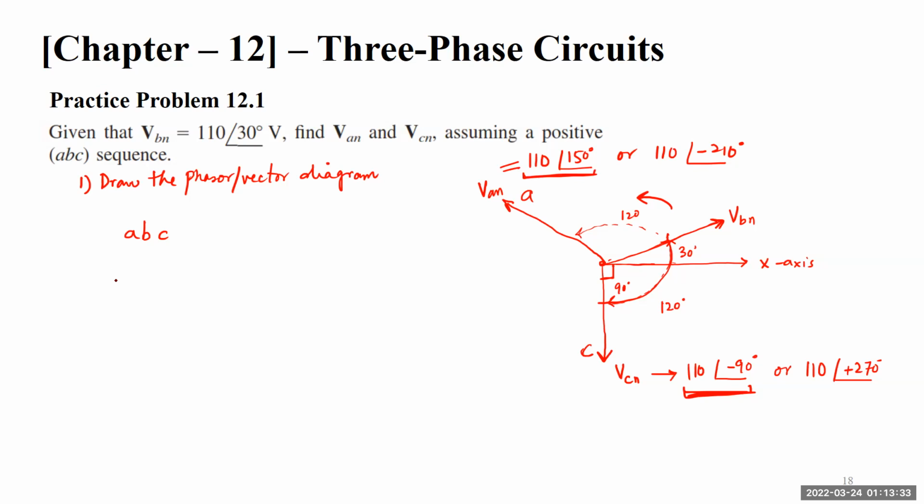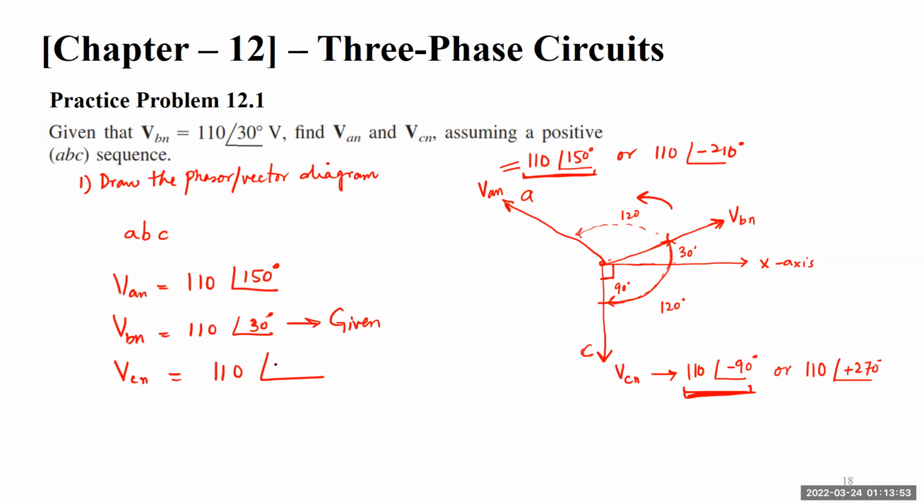So now VAN is 110 angle of 150 degrees, VBN is 110 angle of 30 degrees, this was given, and VCN is 110 angle of minus 90 degrees. So this is our answer.